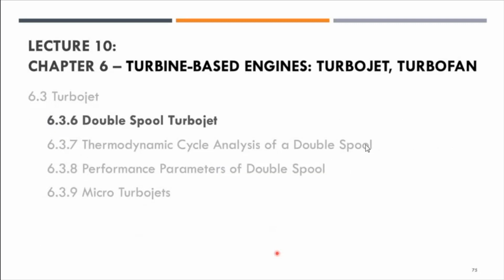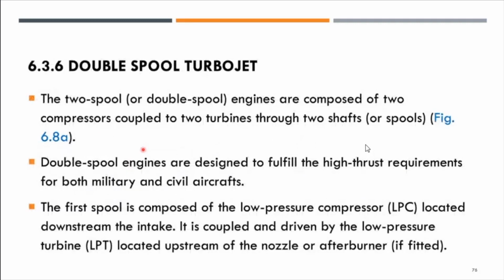Okay, let us move into the double spool turbojet. The earlier analysis of thermodynamic cycle and the performance parameters was for single spool turbojet. For the remaining of our time before we end our session, we will now look into the double spool turbojet.